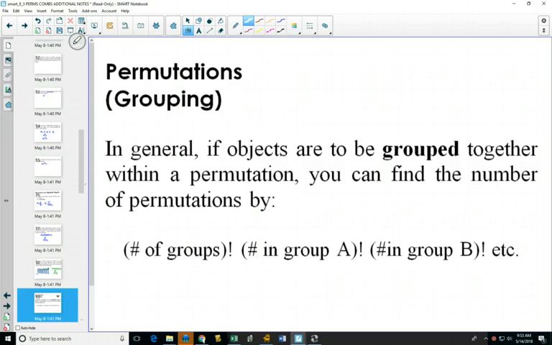Maybe if you're organizing something at home, right? What are things that you would have in your room that you might organize? Maybe you have books, and maybe you organize your books by the type of book that they are. Maybe you have video games, and maybe you have different video gaming systems.